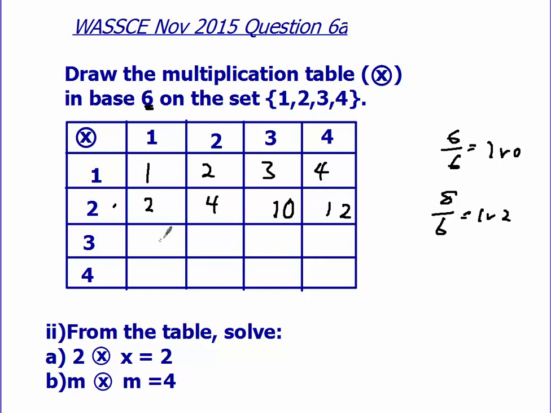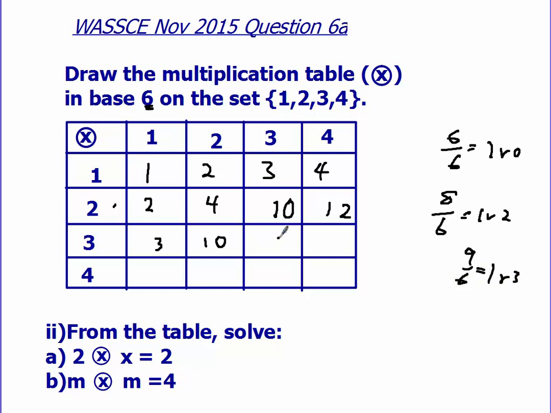Good. 3 times 1 is 3. 3 times 2 is 6. 6 is equal to the base. 6 divided by the base, which is 1 remainder 0. So 1 and 0, like we have here. 3 times 3 is 9. Divided is going to be 1 remainder 3.